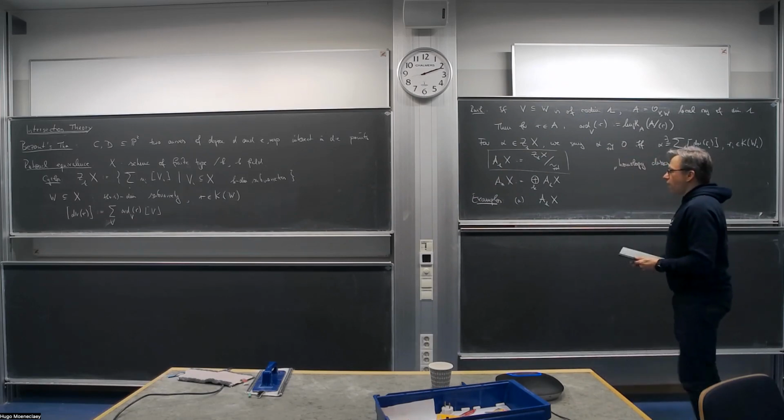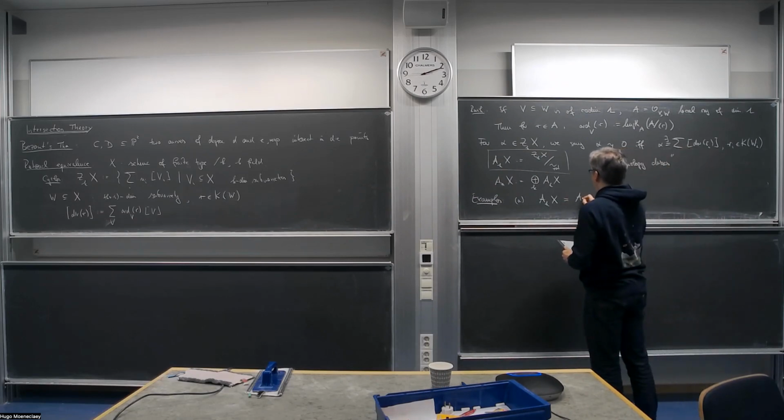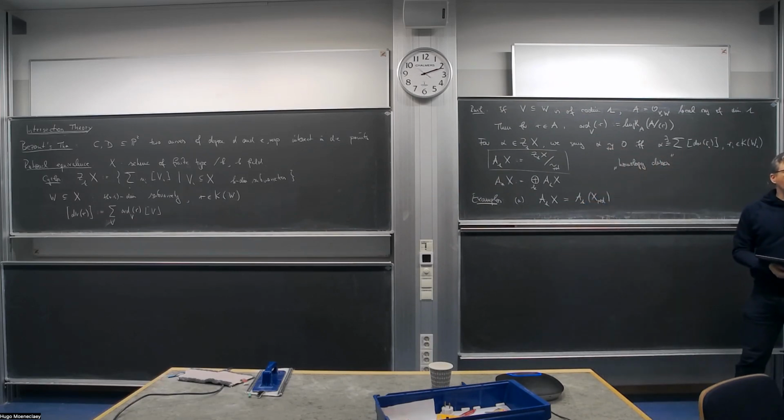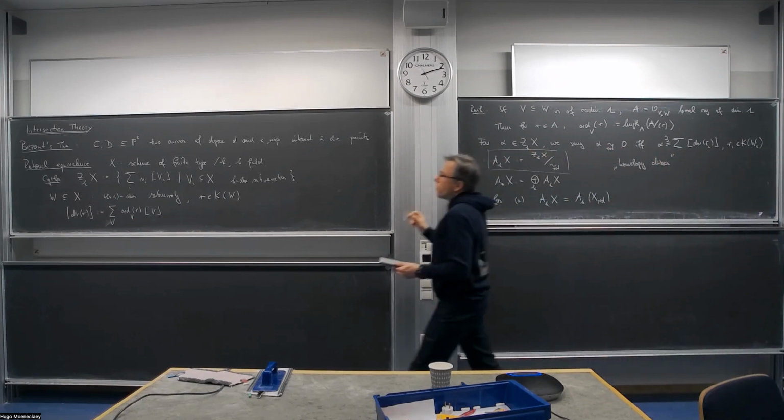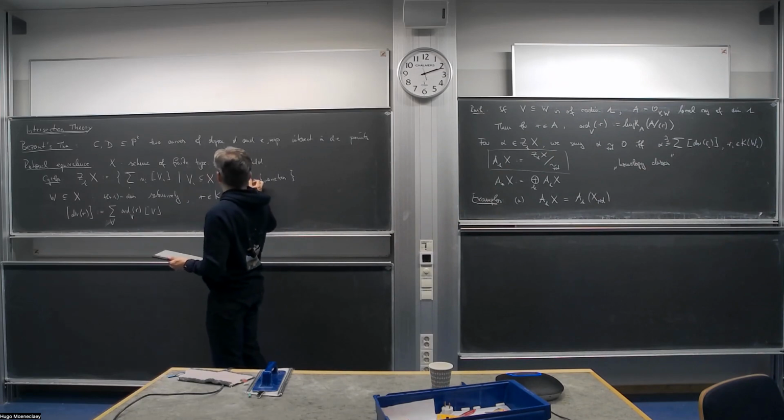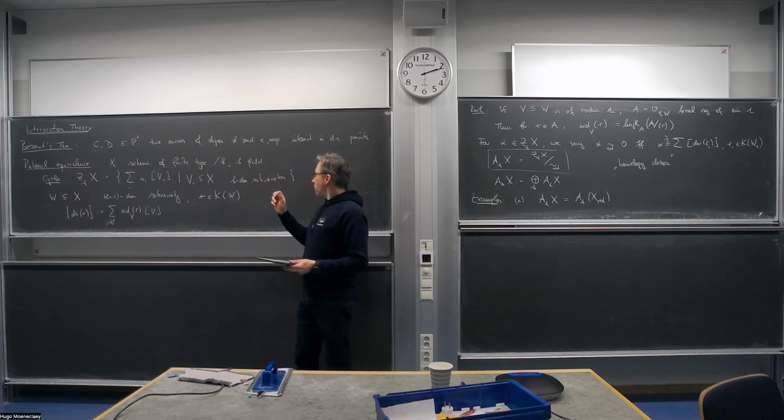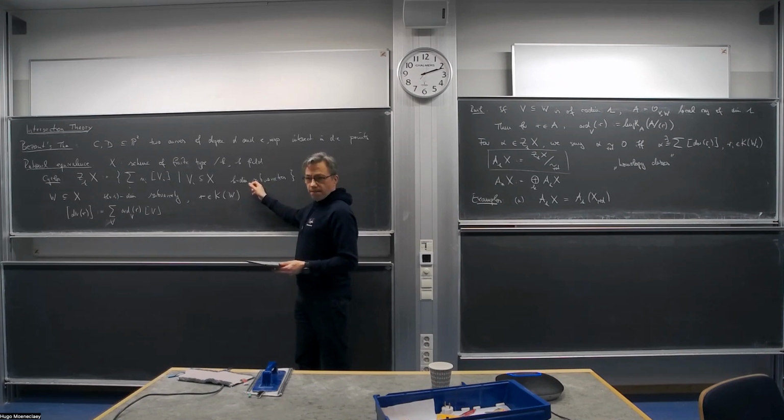One is that A K of X is the same when we take the same scheme but with a reduced scheme structure, because the notion of subvariety does not change. When we say subvariety, you mean closed, irreducible subscheme.